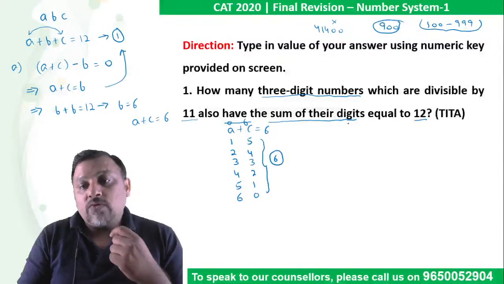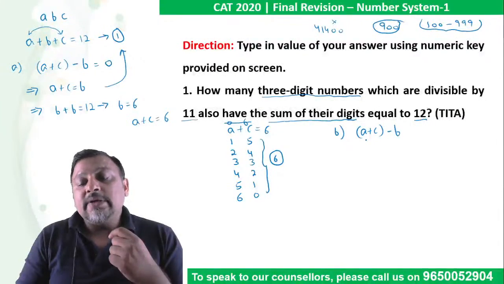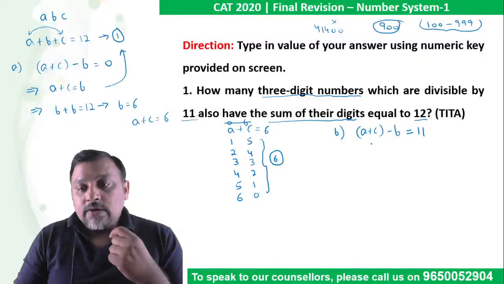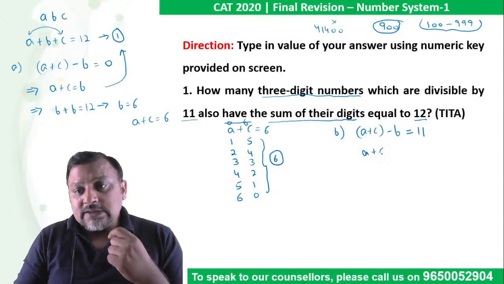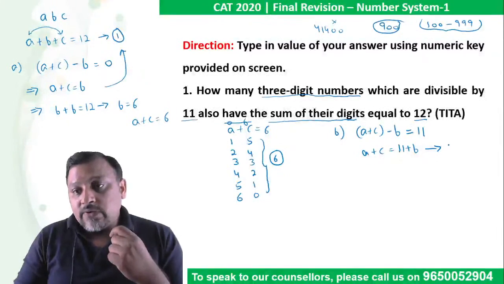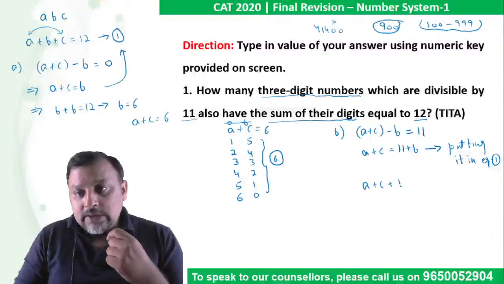Now the second case: if I say A plus C minus B, the difference of the sums of the digits at alternate positions, is 11, that means A plus C is 11 plus B. Putting this value in equation 1, which is A plus C plus B is 12, in place of A plus C I can put 11 plus B, so 11 plus 2B is 12.